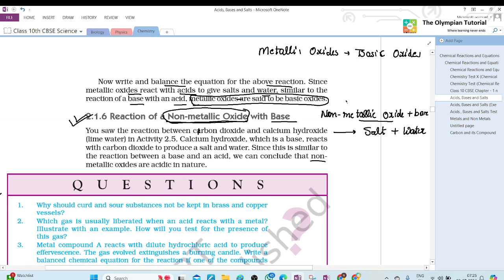Non-metallic oxide reacts with base, gives salt and water. So write down the example. When calcium hydroxide reacts with carbon dioxide, it will give calcium carbonate and water.